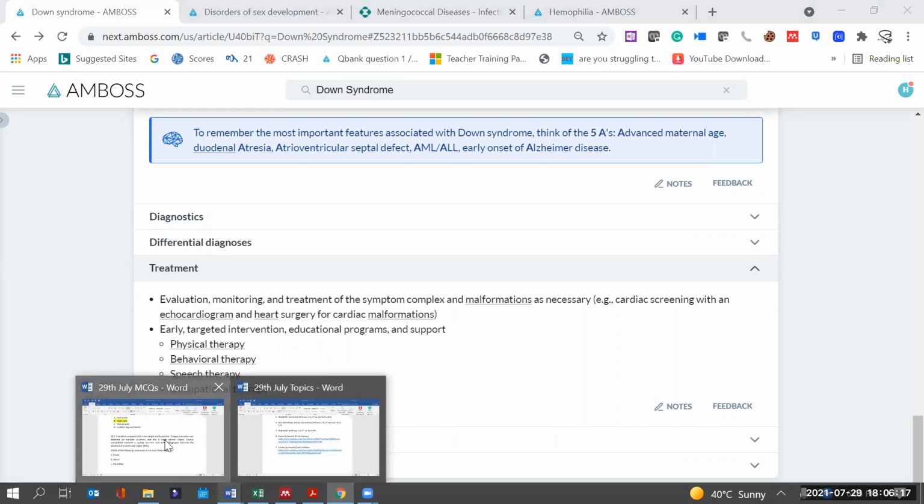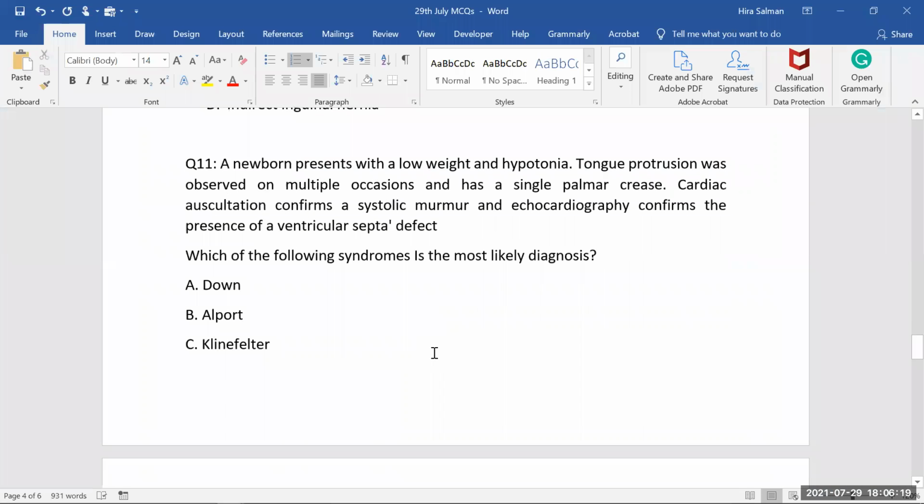So if you look at the question here, you can easily get an idea from the question. A newborn presents with a low weight and hypertonia, tongue protrusion was observed on multiple occasions. So tongue protrusion is one of the main features, has a single palmar crease, again one of the most important clues. Cardiac auscultation, you will find systolic murmur and echocardiography confirms the VSD, ventricular septal defect.